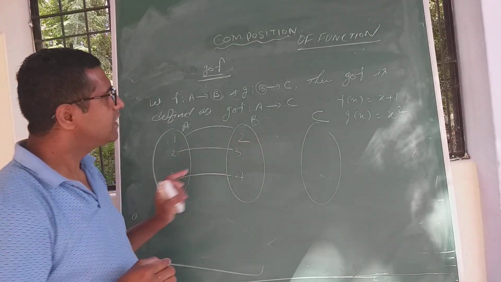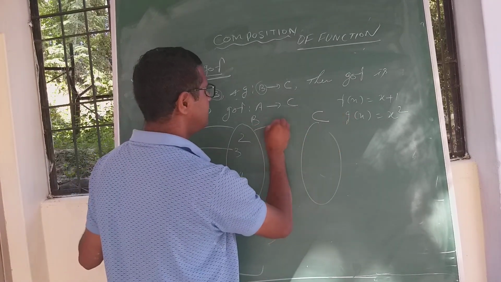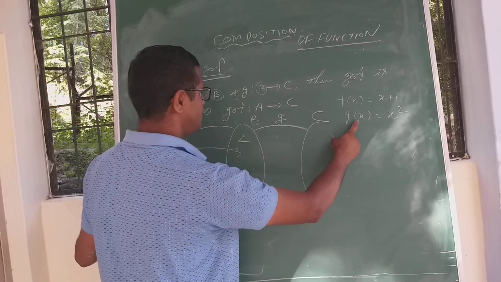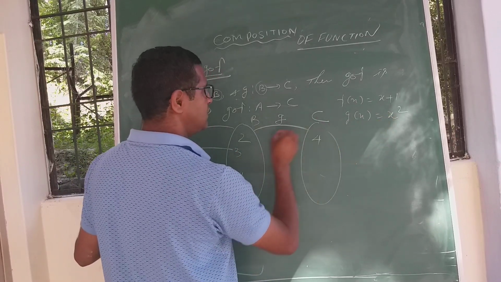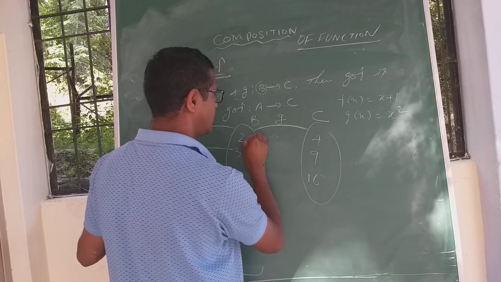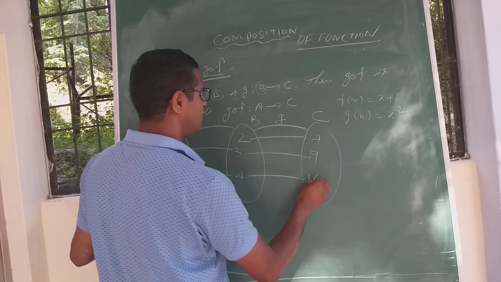For B to C, since B to C is the function g, g(2) equal to 4, g(3) equal to 9, and g(4) equal to 16.